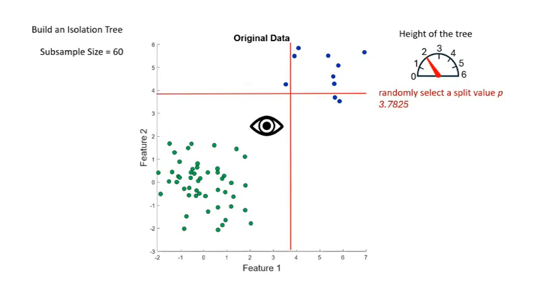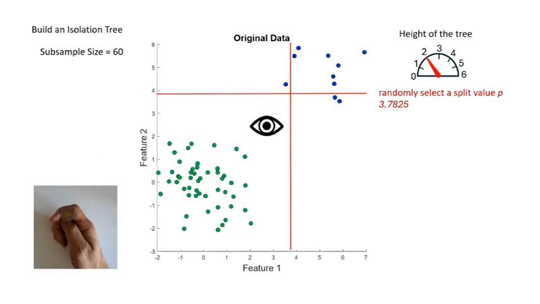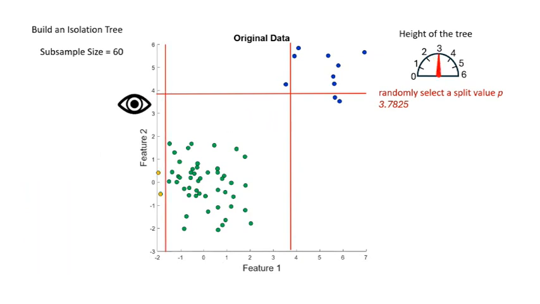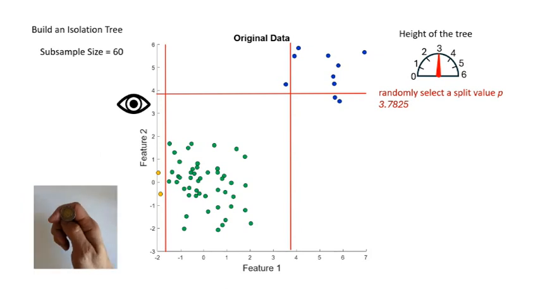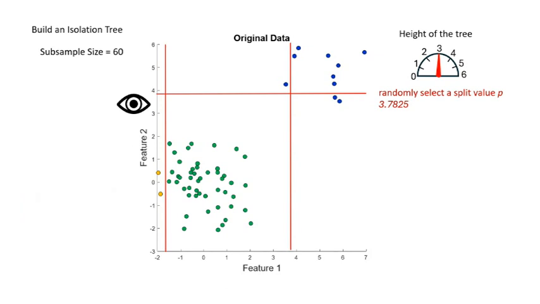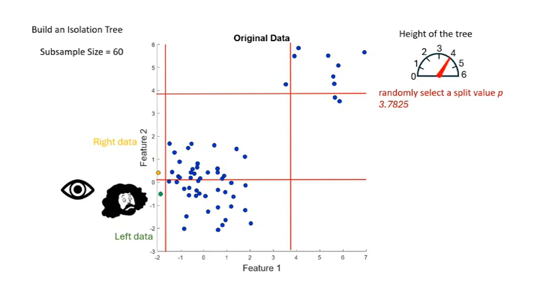Let's fast forward the next two iterations. At this point, we see that we isolated that instance, so the height of this tree is equal to 4.